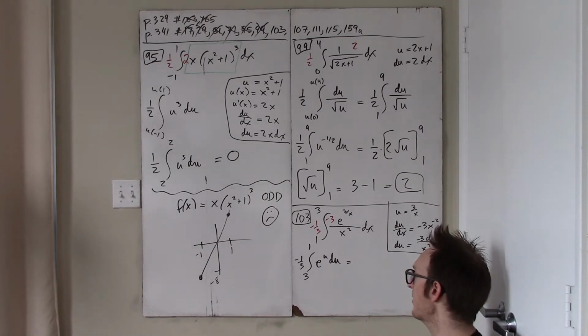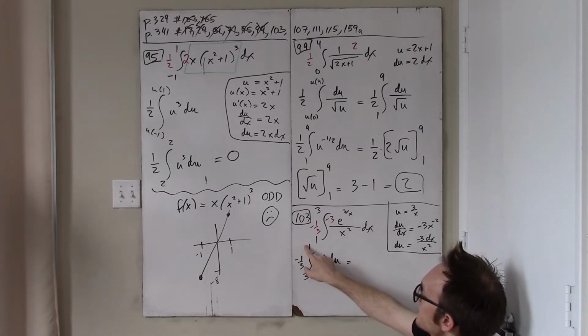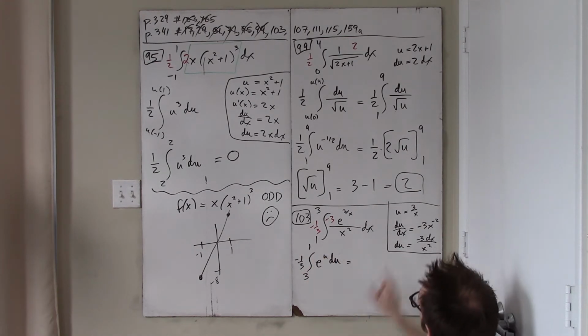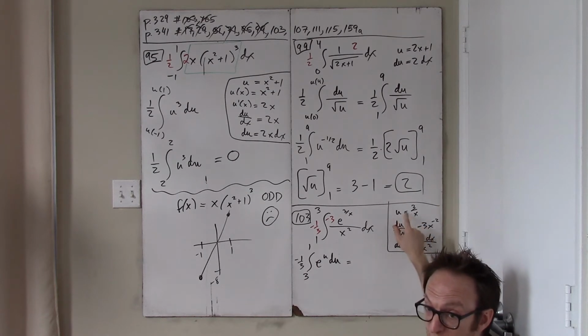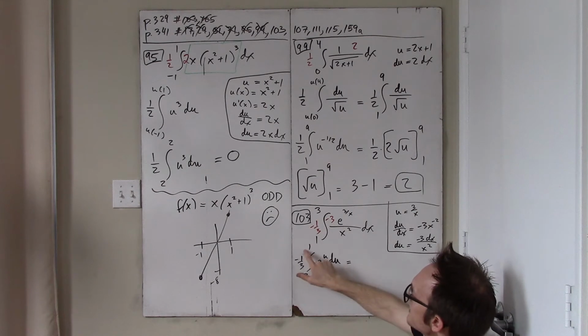And notice how our substitution kind of reversed the values here. So there's a 3 down here and there's a 1 up here. That's because 3 over x is a decreasing function, and so if you plug in a bigger number like 3, you're going to get a smaller output.